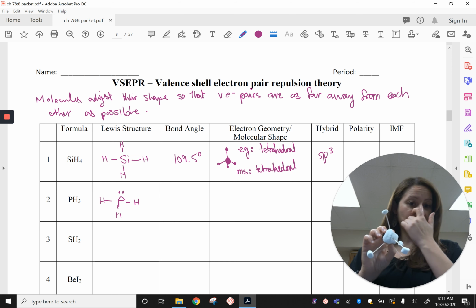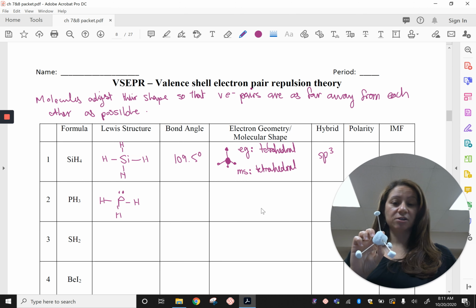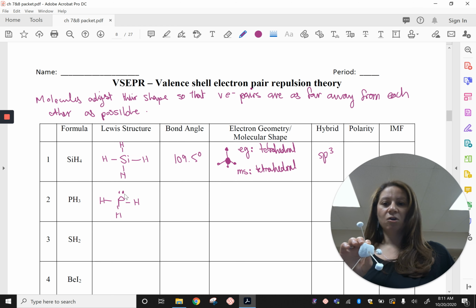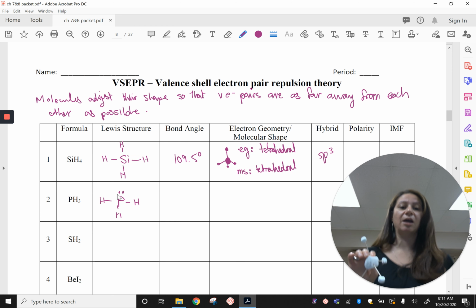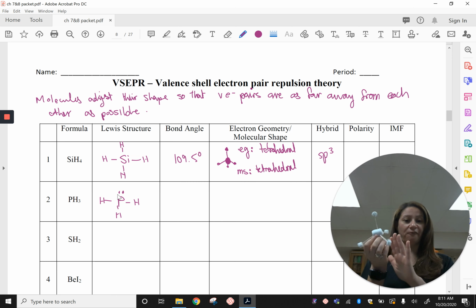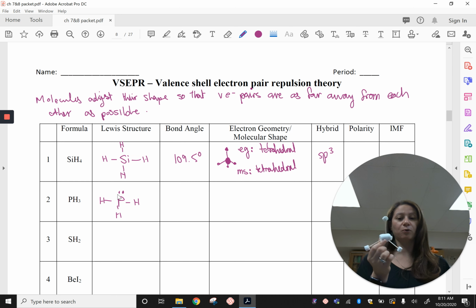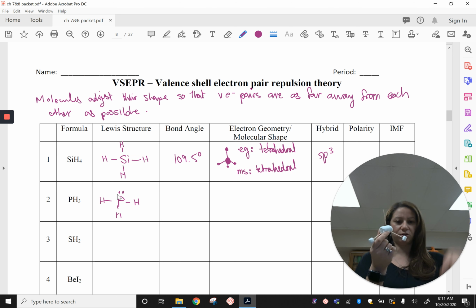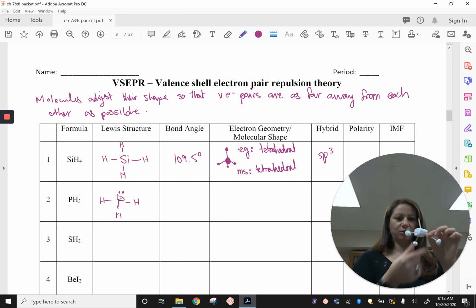And now there are 4 areas of electrons, so the bond angles are going to be the same, right? Whether they are in bonds or whether they're in lone pairs, they're still electrons. They're still going to repel each other. So we still have 4 areas of electrons. So make 4, just like we did with SiH4, but then take out one of your marshmallows. Take out that hydrogen.